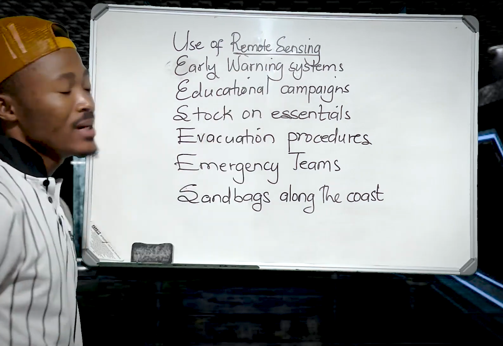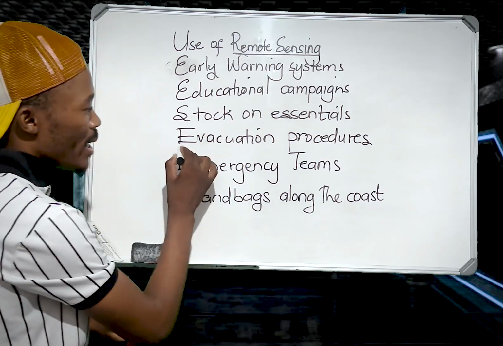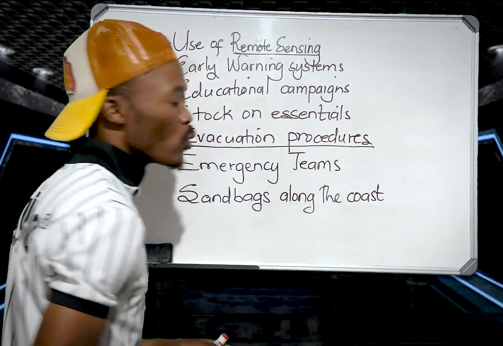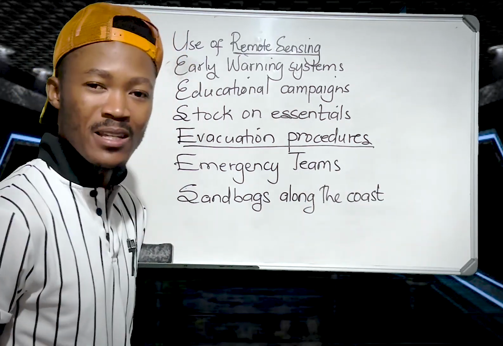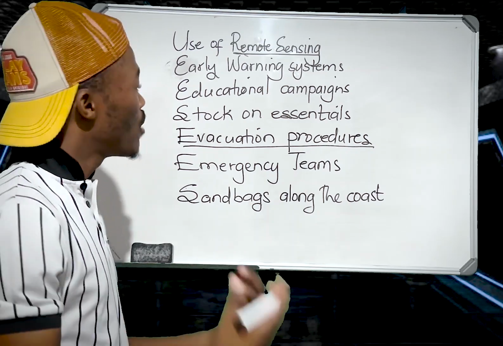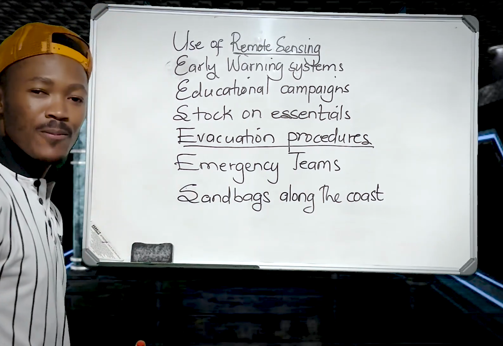Remote sensing can help us plan our evacuation procedures: which areas are we going to move to safety, and which areas are most likely not to be affected by the tropical cyclones.